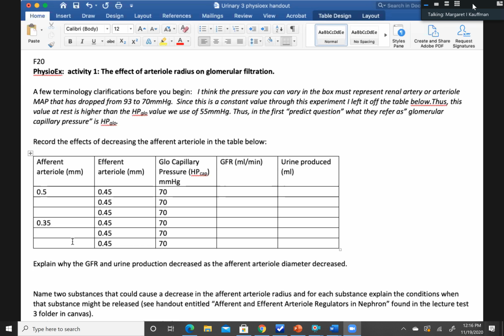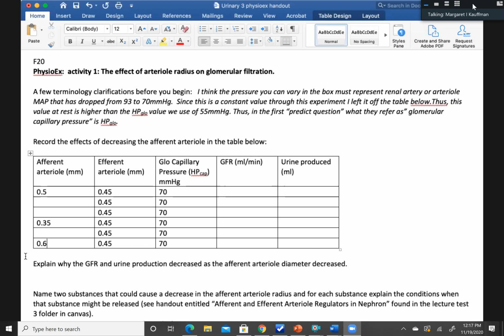And then we went ahead and dilated it beyond, made it larger than our starting point. So I think it goes up to 0.6. And it more than doubles the glomerular filtration rate, and the amount of urine produced goes up from 162 to 196.